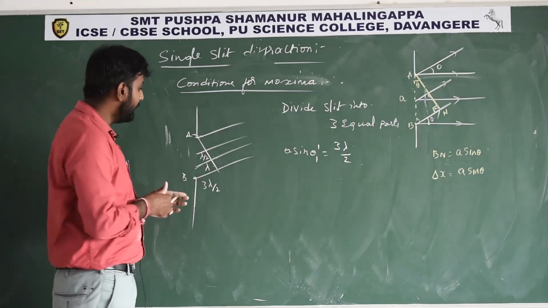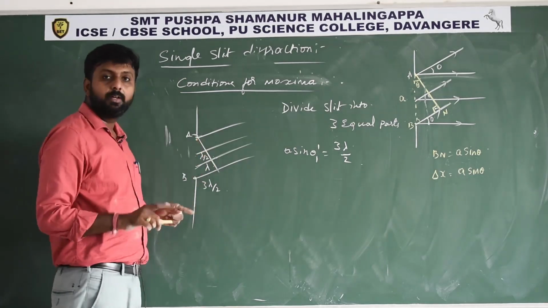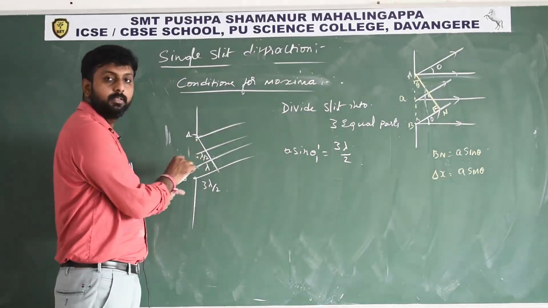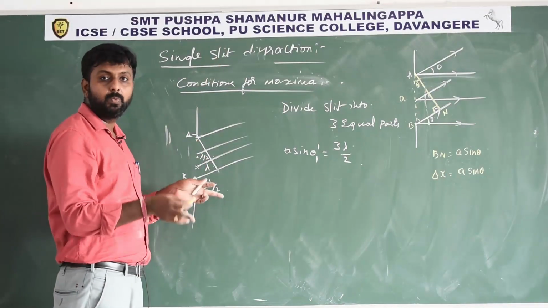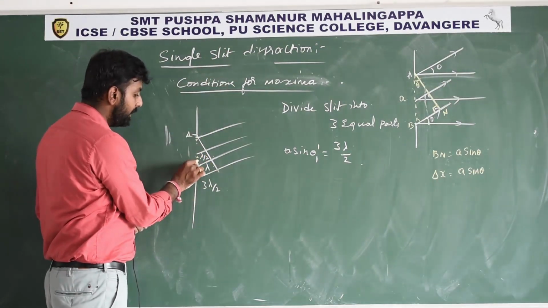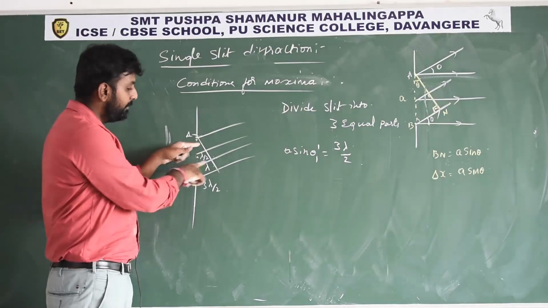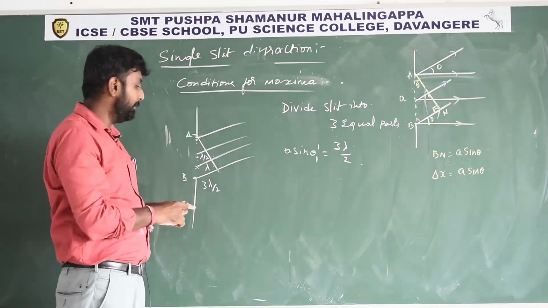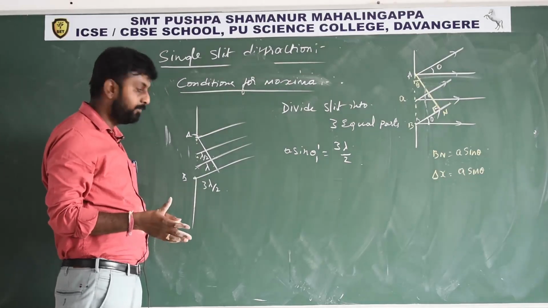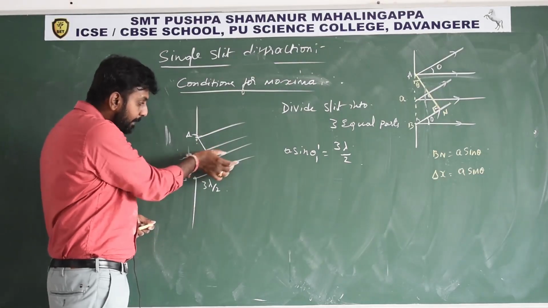Then consider a point in the upper half, and the corresponding point you will get in the lower half. Between these 2 points, path difference lambda by 2, they superimpose, dark fringe. Like that, one more point, for that another point will be formed here. Between them lambda by 2, superimpose. Then the complete set forms a dark fringe there at point P. But see one more part.